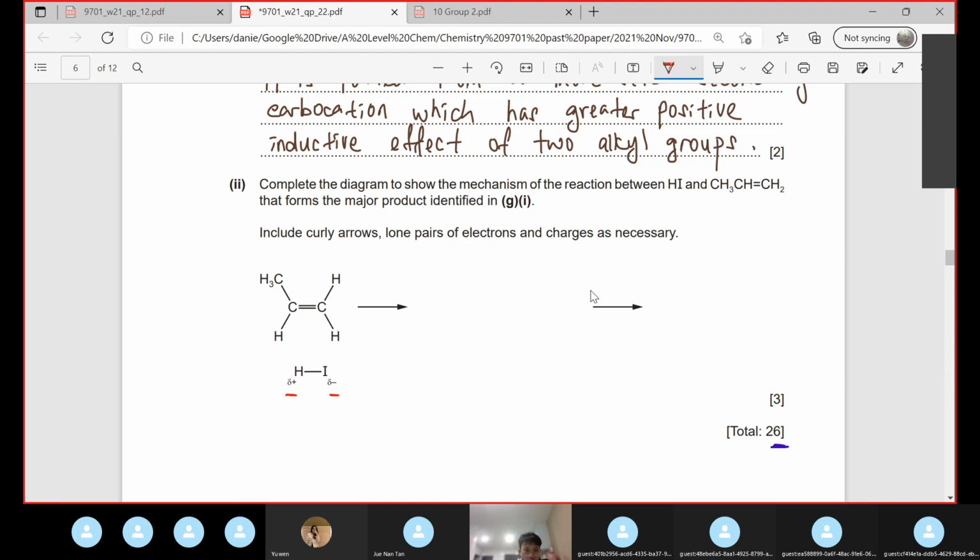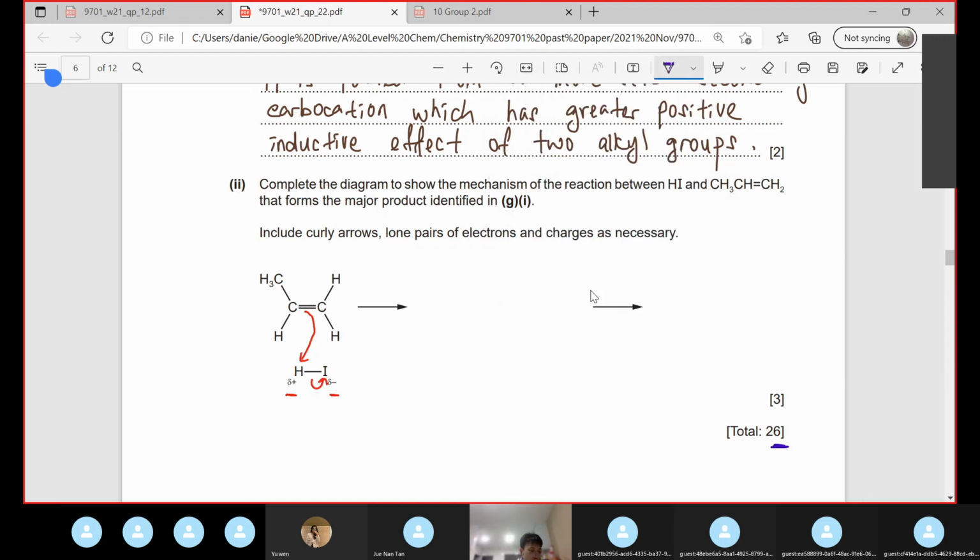So the arrow you draw, you must start from the double bond and attack the H. Then the HI bond is broken, so these two electrons, the bonding pair, move to the I. So over here, you should have something like this as your intermediate.